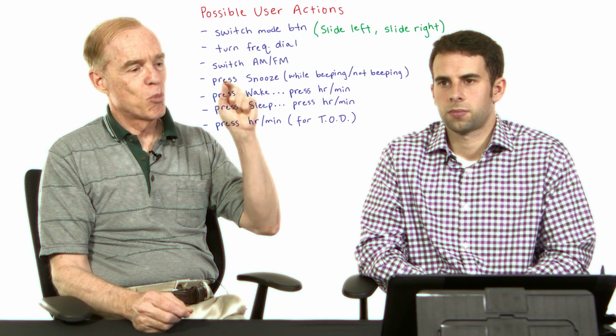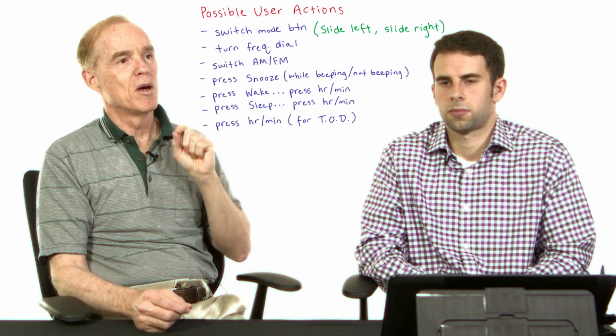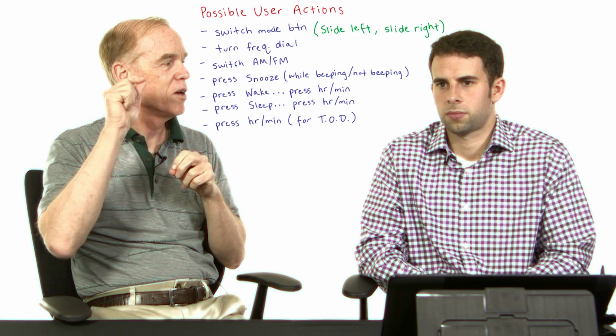The event is pressing the wake button, the event is releasing the wake button, another event is pressing the hour button and pressing the minute button. And our machine, as we eventually refine it to deal with all these contingencies, had better behave in an expected way as far as all of the percepts in all of those possible situations.